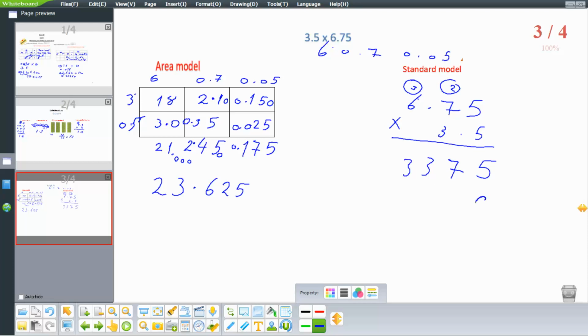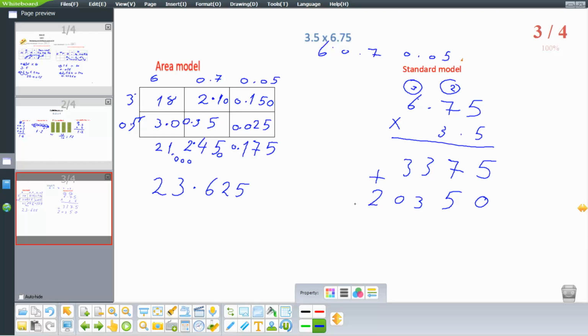Okay, here we are going to keep the first place with 0. 3 times 5 equal 15. 5 and carry up 2. 3 times 7, 21. 21 plus 2 equal 23. 3 and carry up 2. 3 times 6 equal 18. 18 plus 2 equal 20.